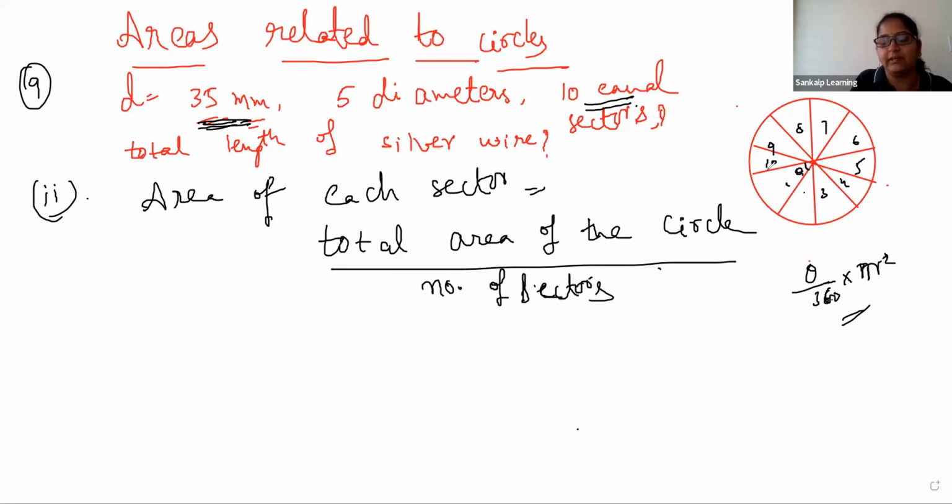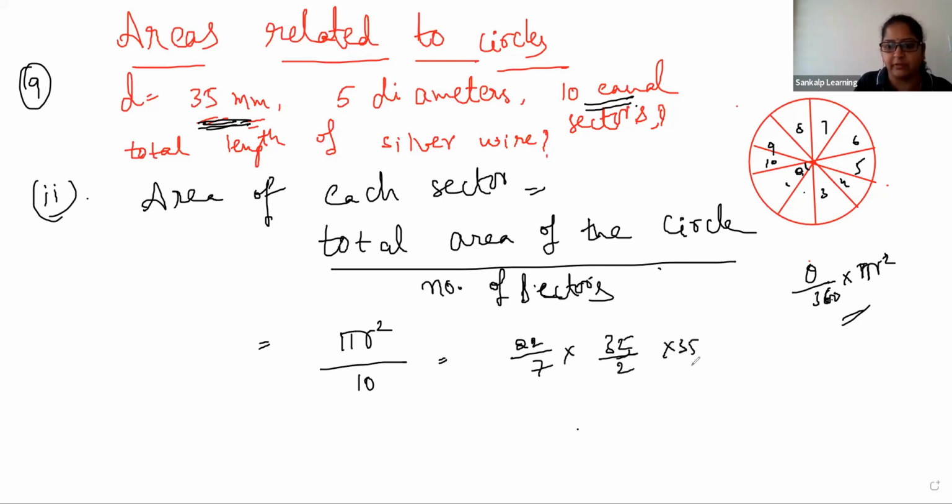Right, children? Total divided by 10, we get the area of each sector. So what is the total area of the circle? Area is pi r square by number of sectors, 10. So 22 by 7 into r, which is 35 by 2 into 35 by 2. It is r square, right?